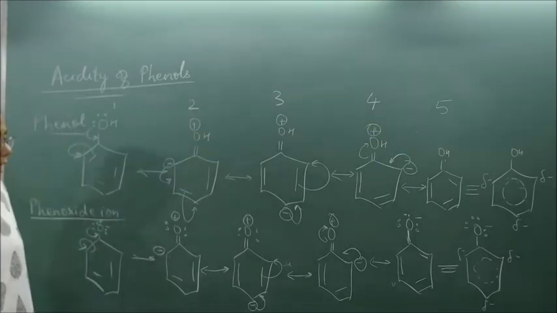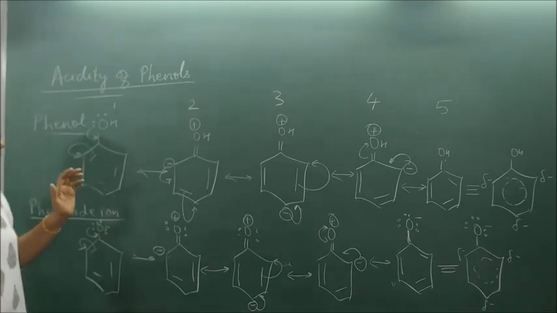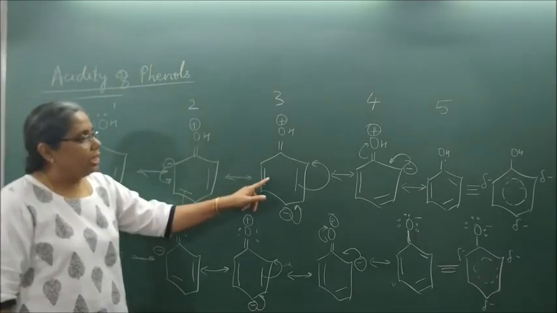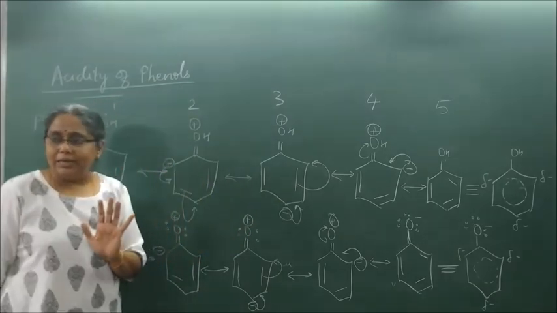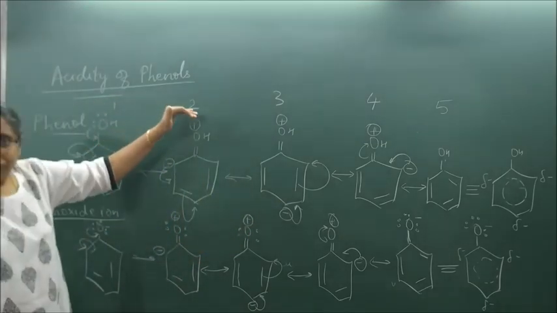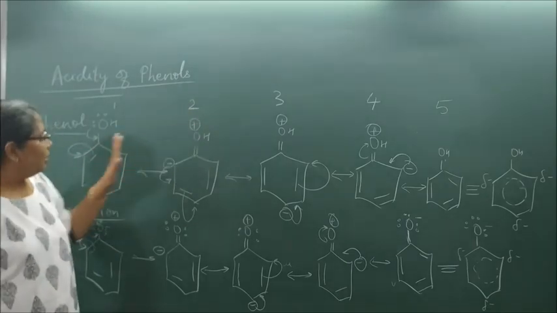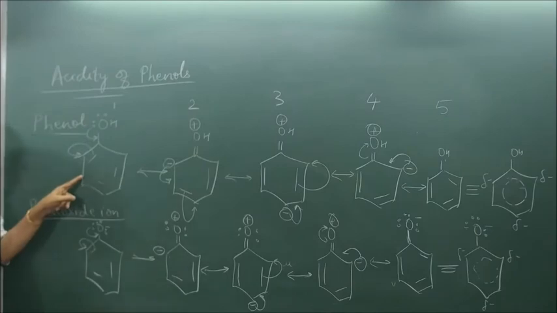Now look, I have drawn something and then I'll tell you why we did it wrong, because all of you would have done like me only. What did we say here? We said in phenol molecule, structures 2, 3 and 5 show that there is charge separation. Don't they show there is a positive charge, there is a negative charge? But in this structure there is no charge separation.